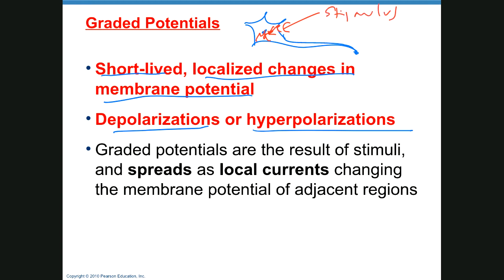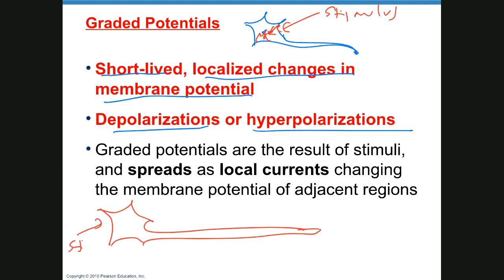On the other hand, the stimulus could open potassium channels, and when that happens, potassium leaves the cell, making the cell more negative or hyperpolarizing the cell. This makes it less likely that an action potential will happen.